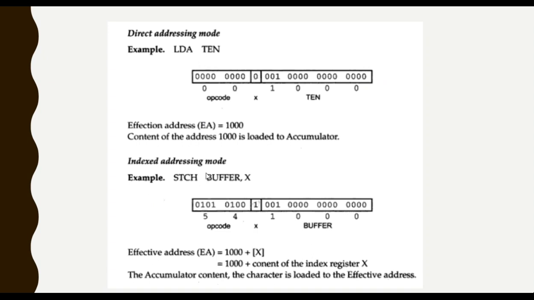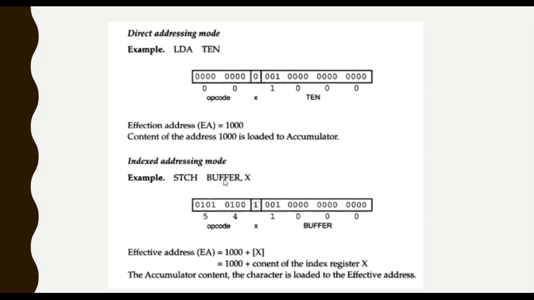The next example is for index addressing mode, for example STCH, which means store character to buffer comma X. So here X is used, so buffer of X is the representation, similar to an array. So the opcode for STCH is 54, represented in binary as 8 bits, and X will be 1 now because it is an index addressing mode.